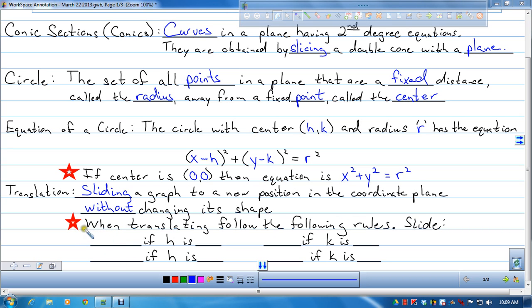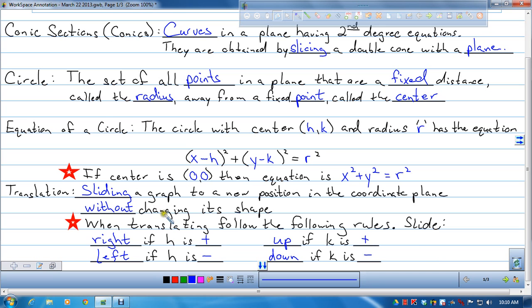The circle will move right if h is positive. Okay? The circle will move left if h is negative. It will move up if k is positive, and it will move down if k is negative. Okay.